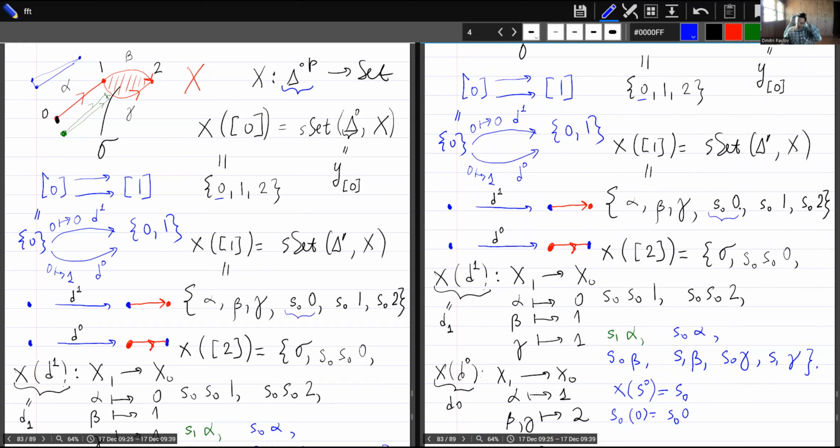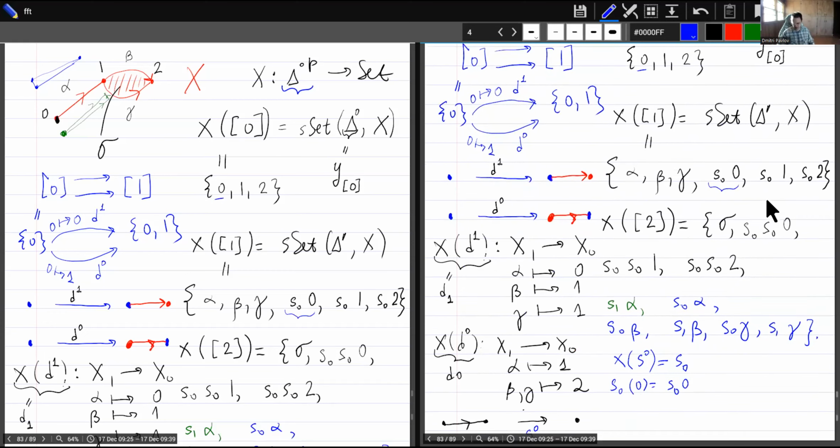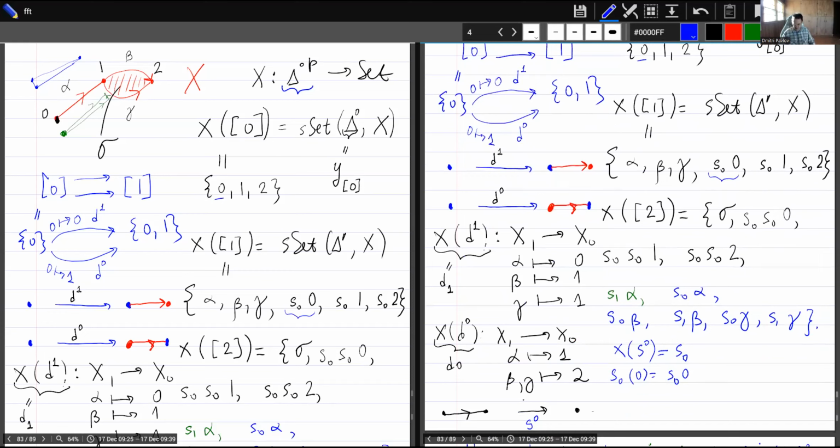Geometrically speaking, when you have a map from a vertex to X, and you compose it with a map from a one simplex to a vertex, the composition will be a degenerate map. Okay, so that's the picture that illustrates how the functor of points interacts with simplicial sets.